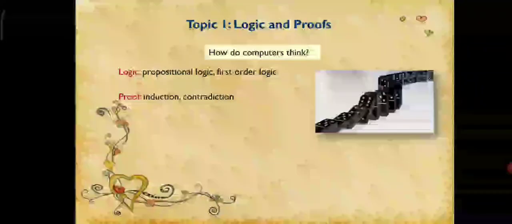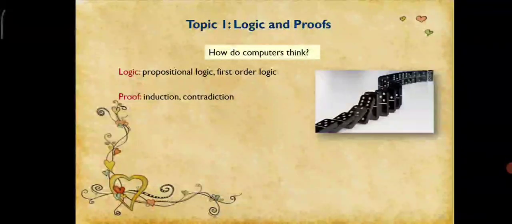The statement has to give only the answer either true or false. We call that a proposition. True means 1, false means 0. In this way they design how the computer thinks.